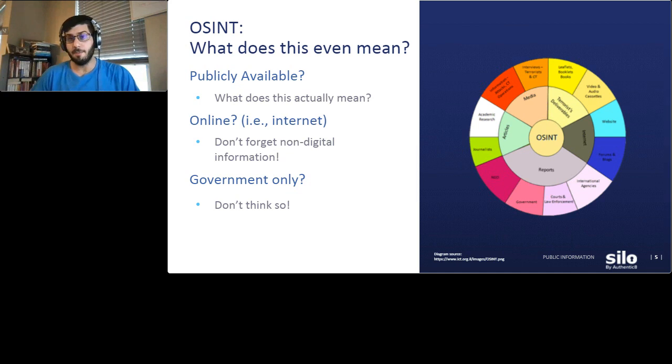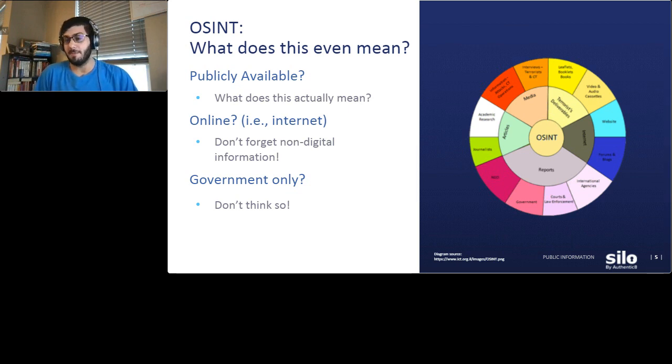Now, remember, access is different than collection. Just because you can access the data without tools does not mean you can collect it without those tools. In many cases, you'll actually have to use some sort of tool to do that saving, to do that actual collection.